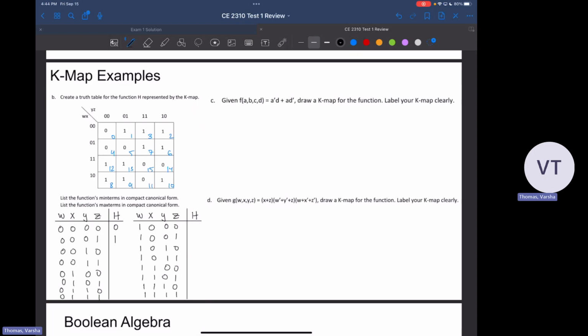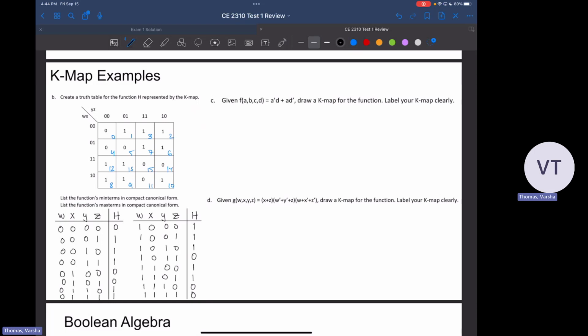Then 8, 9, 10, 11, 12, 13, 15 is 0, 14 is 0. And that is a truth table for that associated K-map.